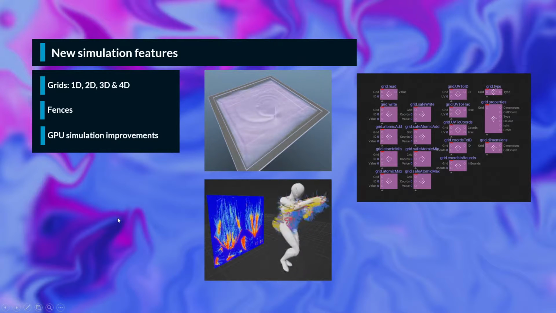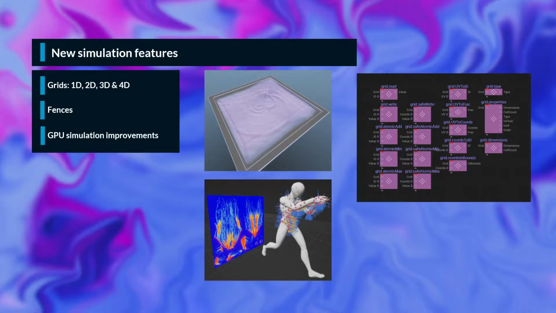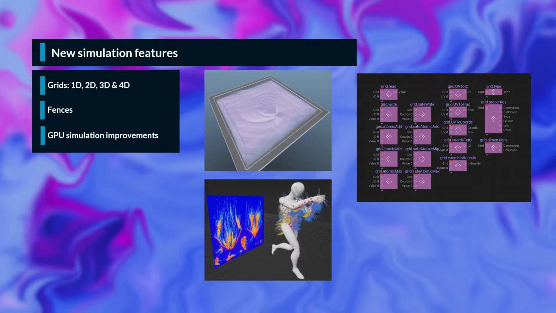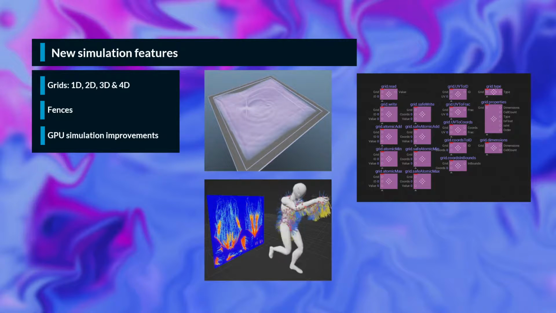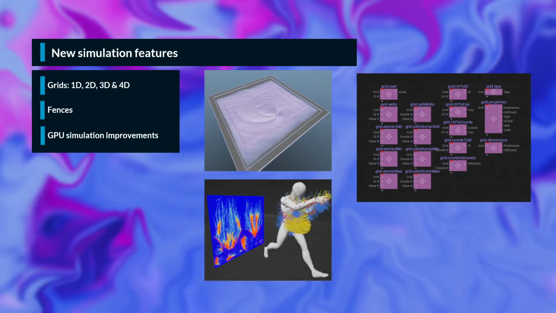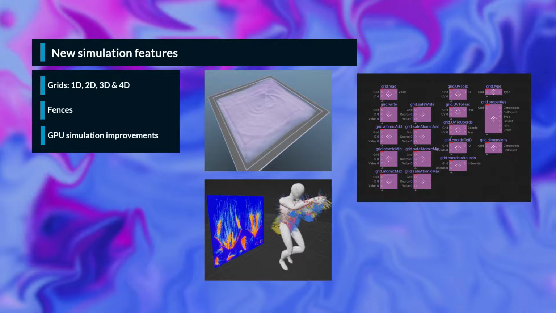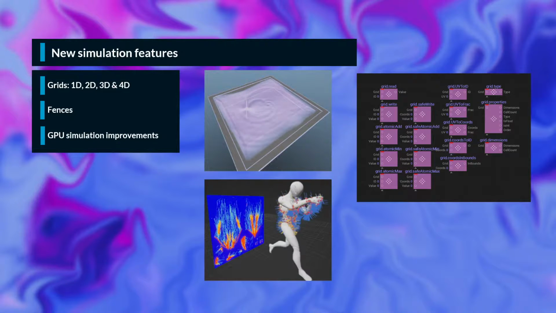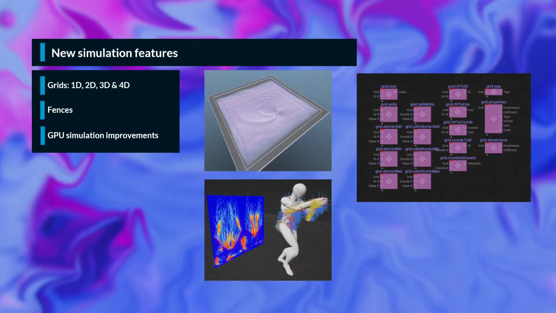First, the new simulation features. In 2.19, we're introducing two new simulation features, which are grids and fences. Grids are basically low overhead arrays.